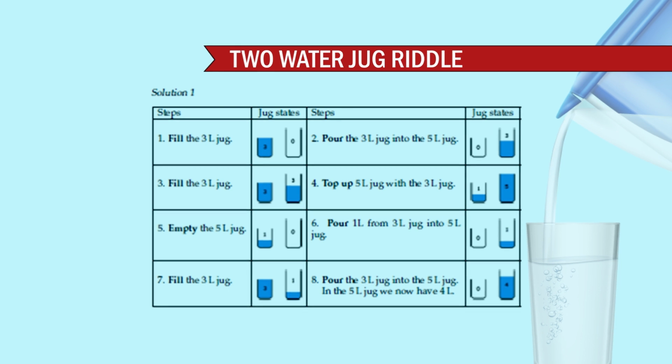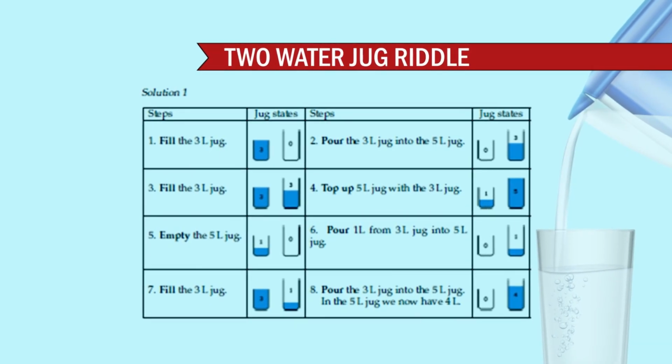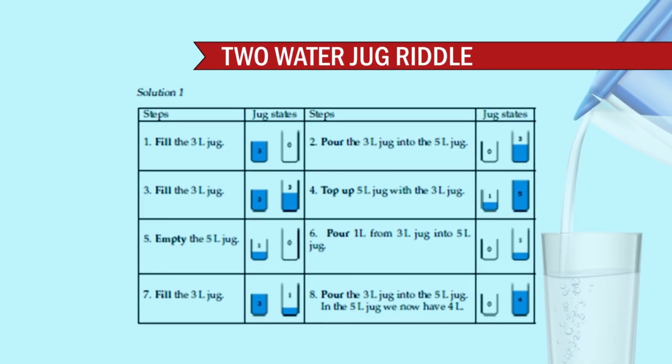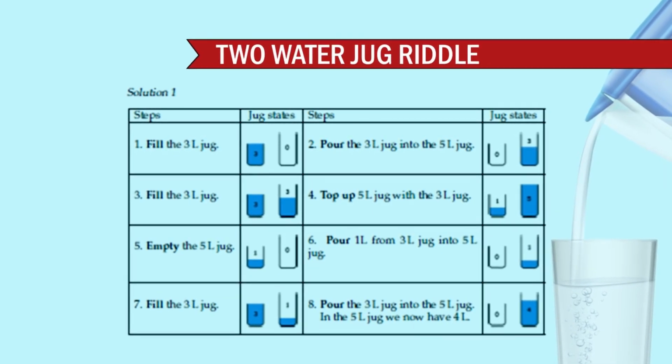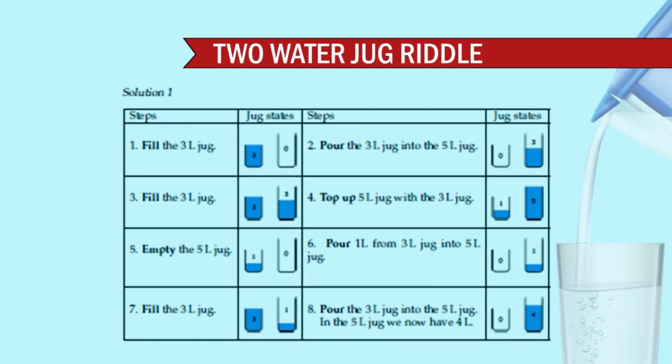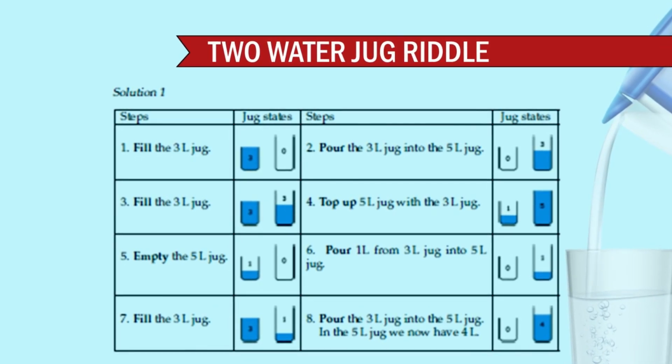Now, again he fills the 3 liter jug and tries to fill the 5 liter jug. Because 3 liters are already in the 5 liter jug, when the 3 liter jug is transferred into the 5 liter jug without overflow, only 2 liters will be transferred. So, after transferring 2 liters from the 3 liter jug, the 5 liter jug will be full.